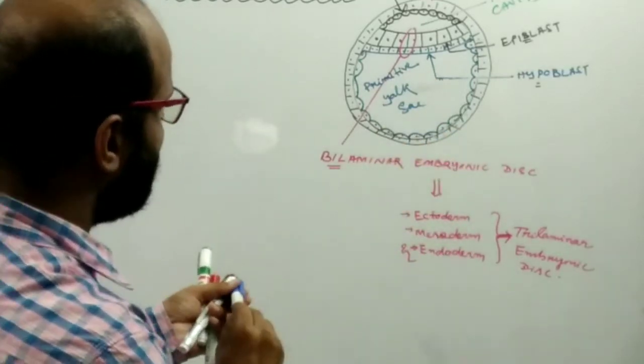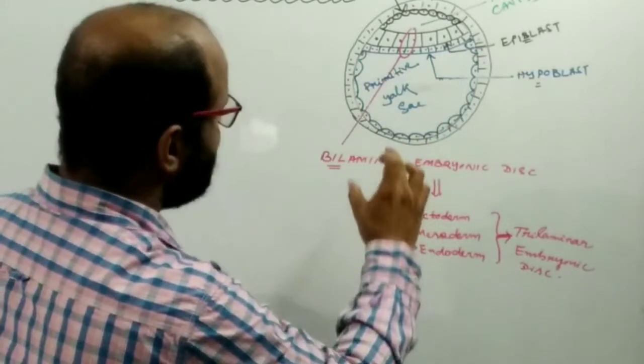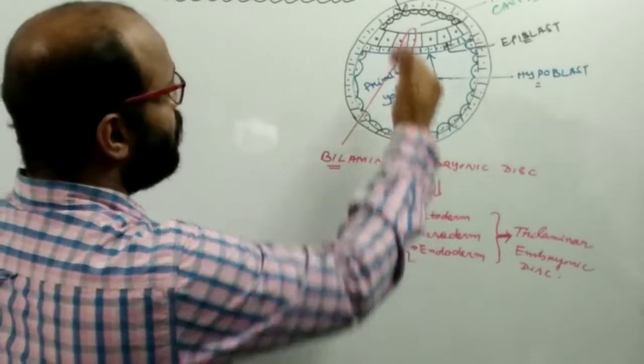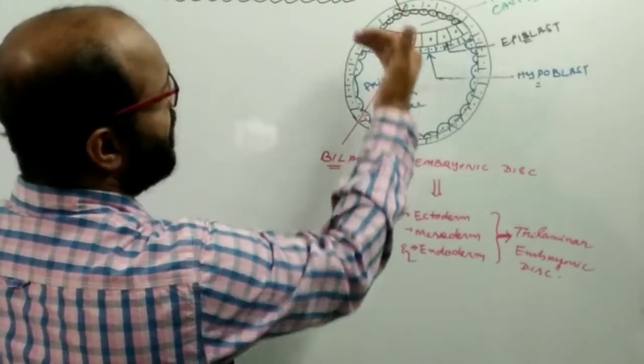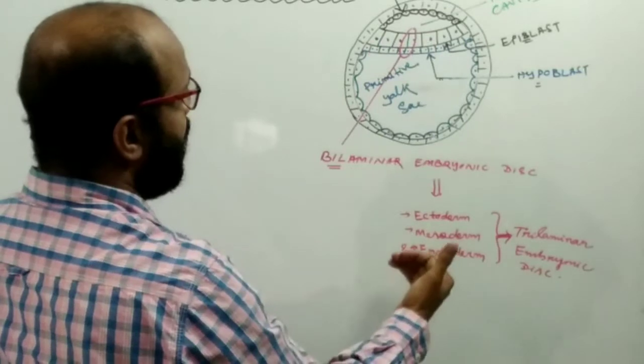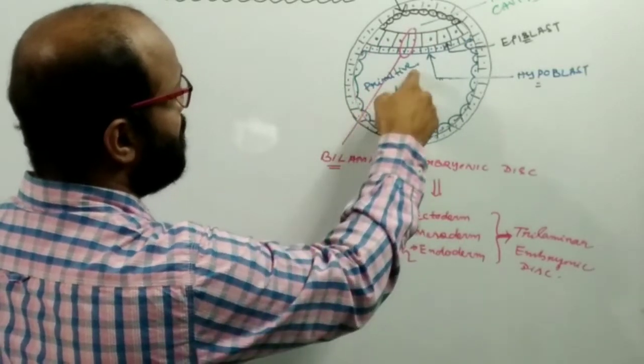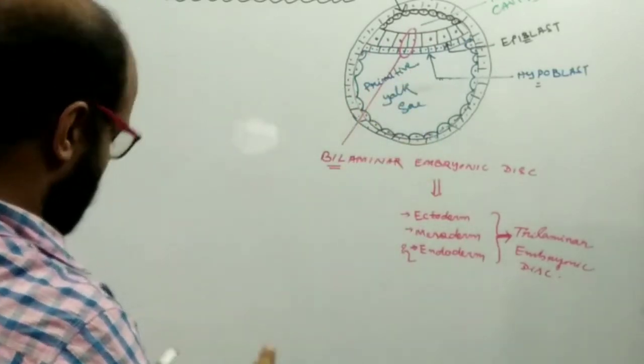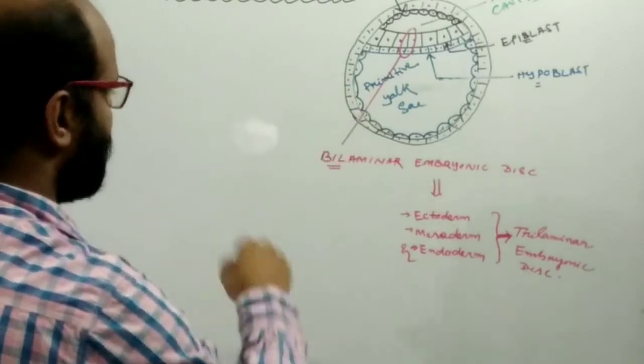So the bilaminar disc is now present in between two cavities. The dorsal cavity is the amniotic cavity and the ventral cavity is the primitive yolk sac or primary yolk sac.